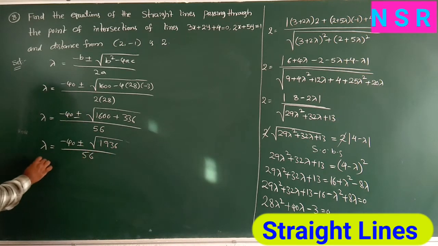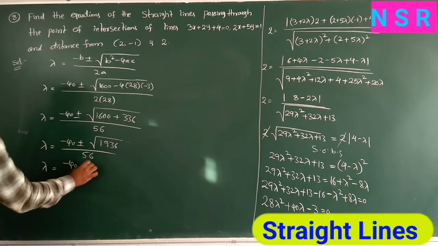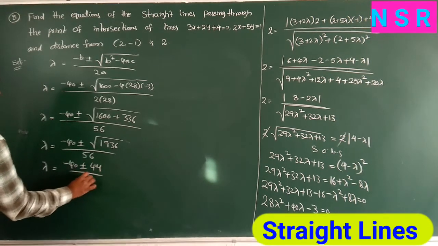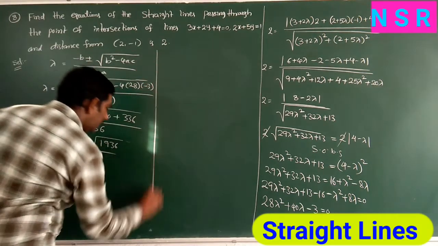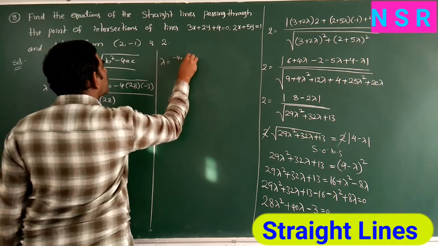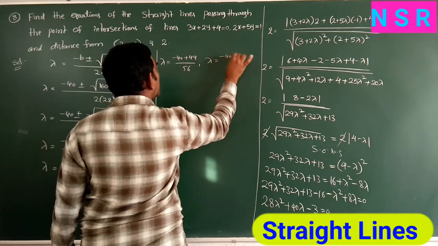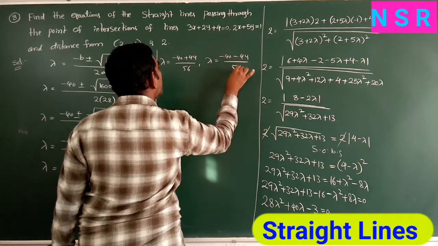So 44 into 44 is 1936. Now minus 40 plus or minus 44 by 56. So you get 2 lambda values. One is minus 40 plus 44 by 56 and another one is minus 40 minus 44 by 56.